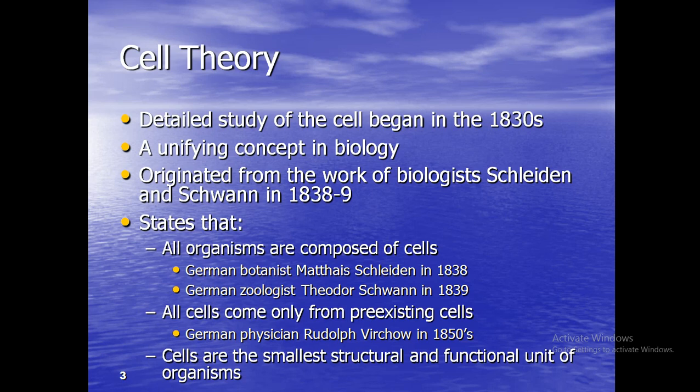Then the third observation, or third unit of the cell theory, is that cells are the smallest structural and functional unit of organisms. I already told you the cells are the basic unit of life. They are the smallest structural and functional unit.